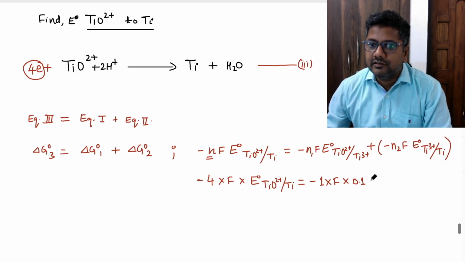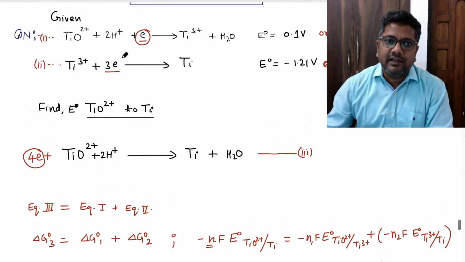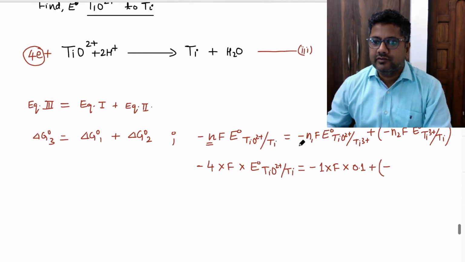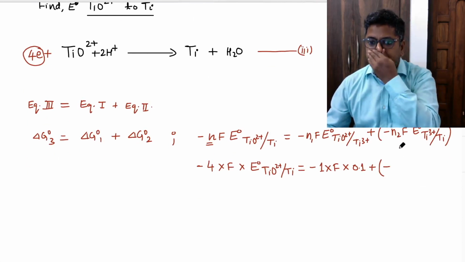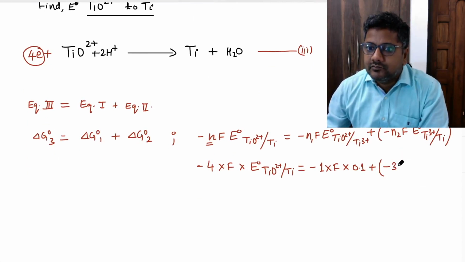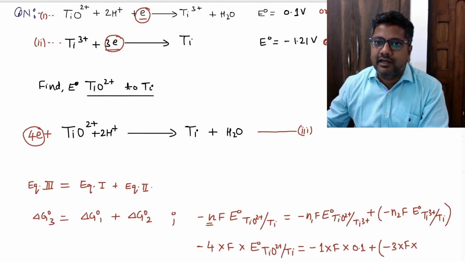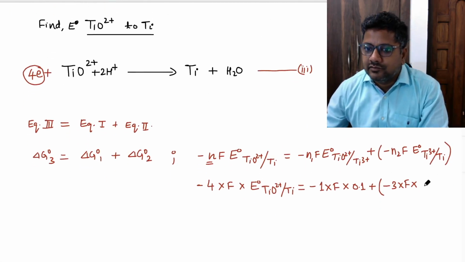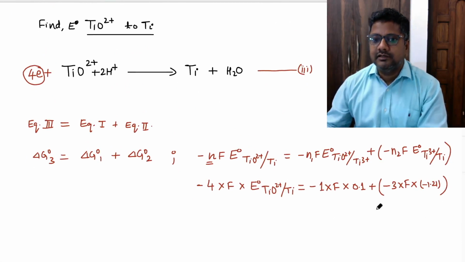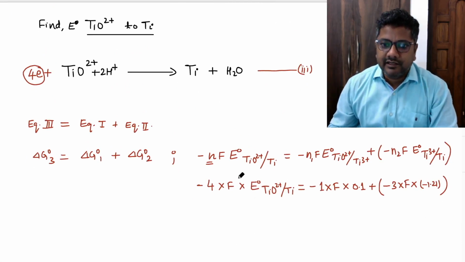Plus minus N2. N2 moles of electron in equation 2, these are 3. So you can write here 3 into F into E naught for this, minus 1.21. So minus 1.21, right? So what we can write here, F cancel.